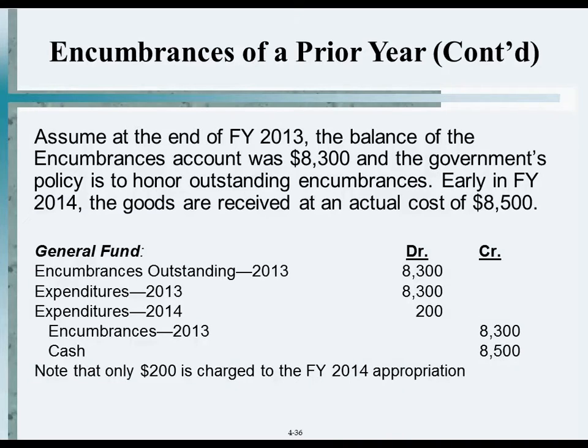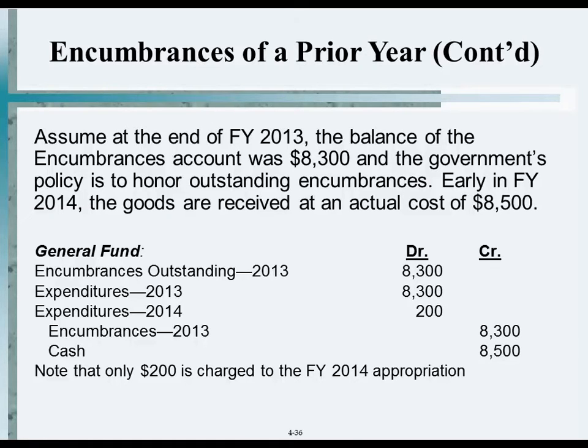Look at what's happened. So they had an encumbrance account of $8,300, and the policy is to honor all outstanding encumbrances. The final bill was $8,500. Okay? Now what I want you to do is, again, try to blank some lines out for yourself. Blank this line out in your brain, this one and this one.